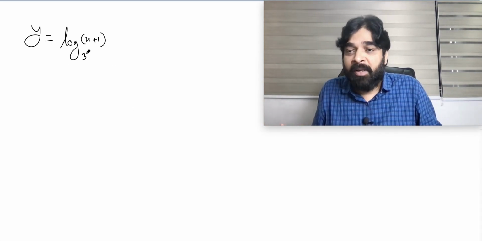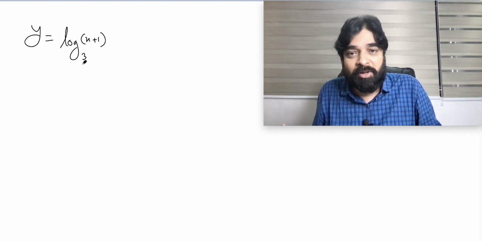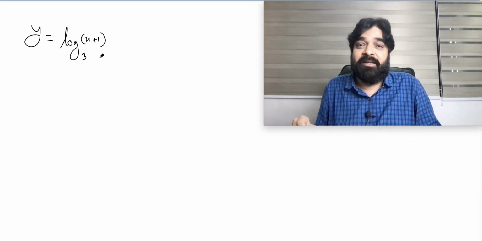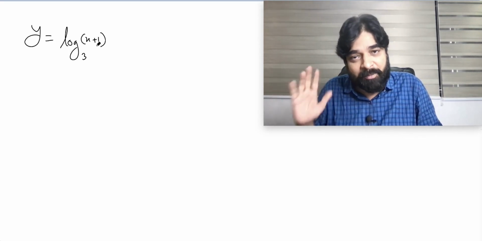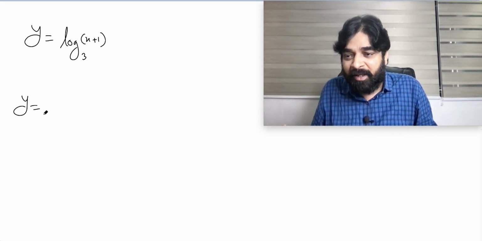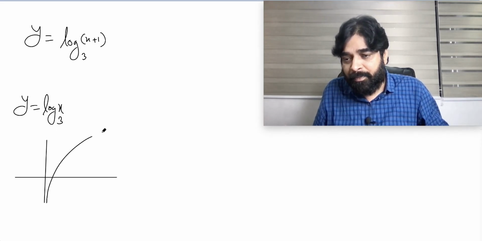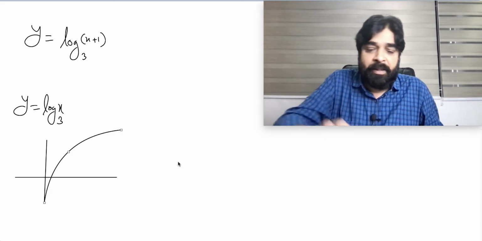How simple? First remove the constant. Don't remove the base constant; that is the base. I said remove the constant which is with the x. So with the x, plus 1 is there. Remove it. So what basic graph will come? y equal to log x base 3. Draw that graph. Like this?